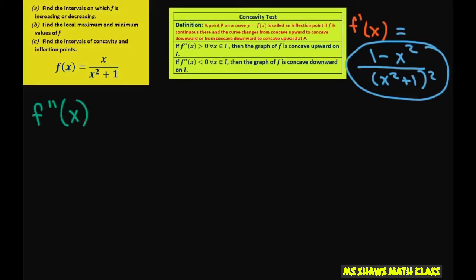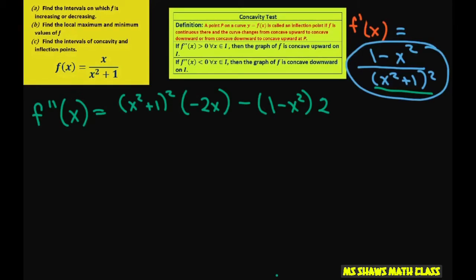For the second derivative, you copy down the denominator times the derivative of the numerator, which is negative 2x, minus copy down the numerator times the derivative of the denominator, and use the chain rule.